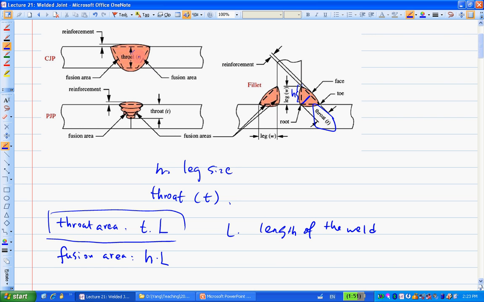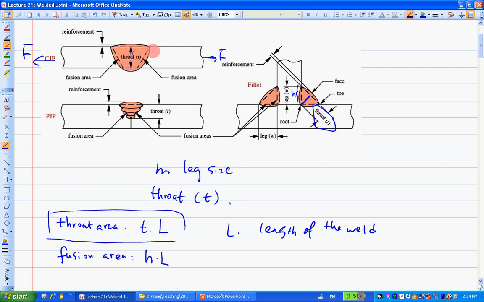For this particular case, let's say I have a force applied here. What will be the stress at this welded joint? How do we calculate it? We basically use F divided by the area, and specifically the throat area.